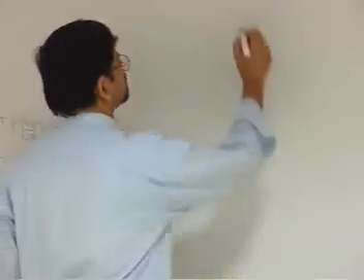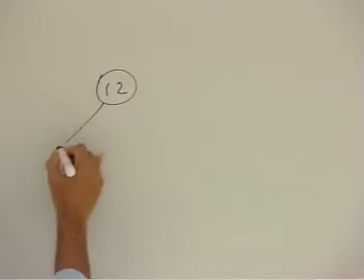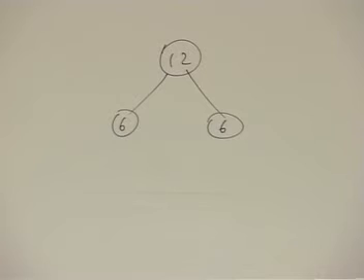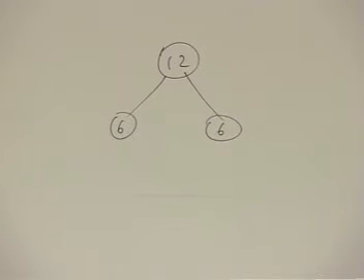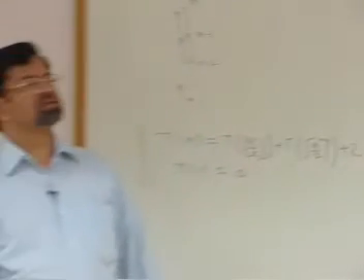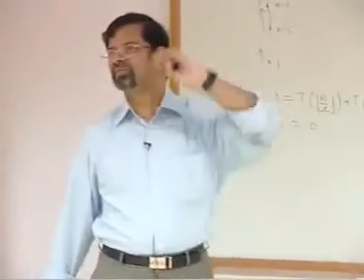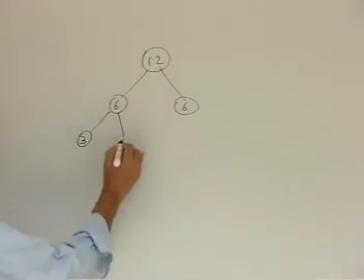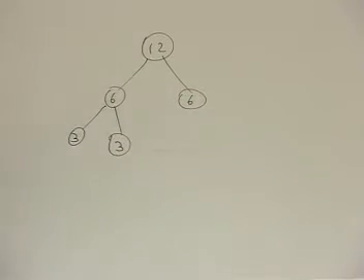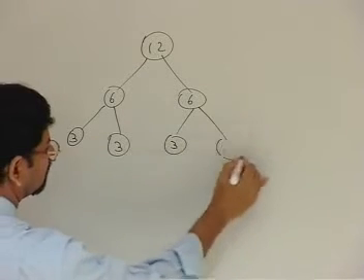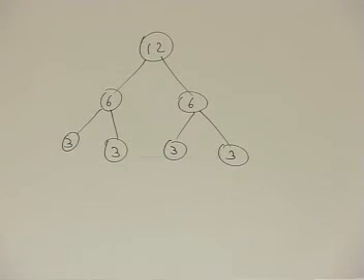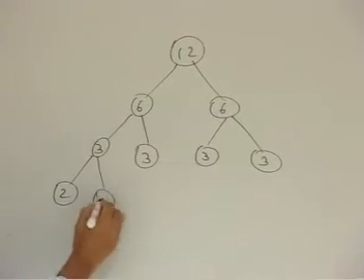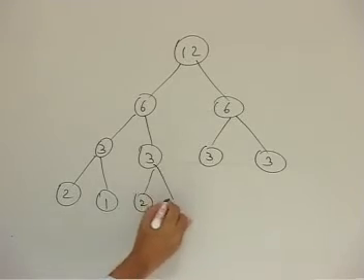Suppose I trigger min max 12. What will it do? It will call 6 and 6, because A1 to A6, A7 to A12. So this is of problem size 6, and that is of another problem of size 6, and this is going to trigger something like 3 and 3, and this will also trigger 2 recursive calls, and this 3 will be split into 2 and 1, and this will be split into 2 and 1.